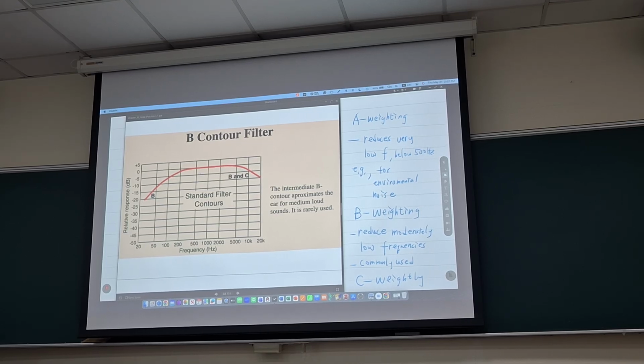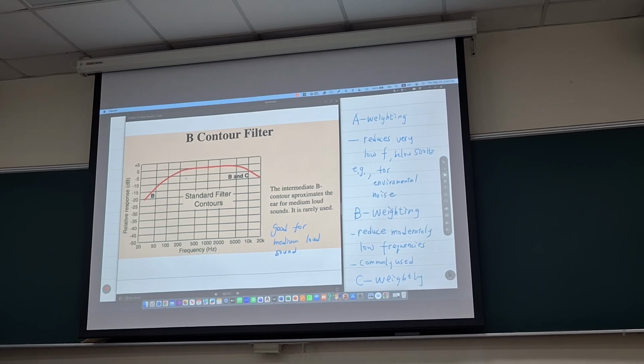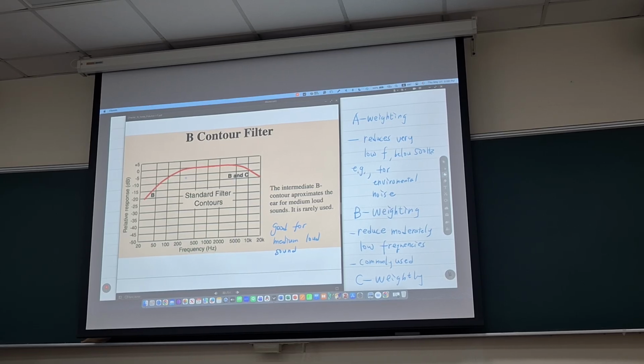It removes the low frequency, but not as strong as A. So it's good for medium loud sound.